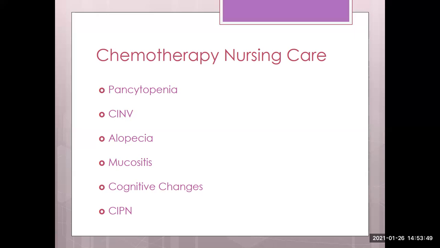For patients that do have nausea from chemo, smaller meals may be beneficial. Avoid foul smelling foods because that may contribute to their nauseous feeling. The antiemetics we've already talked about.